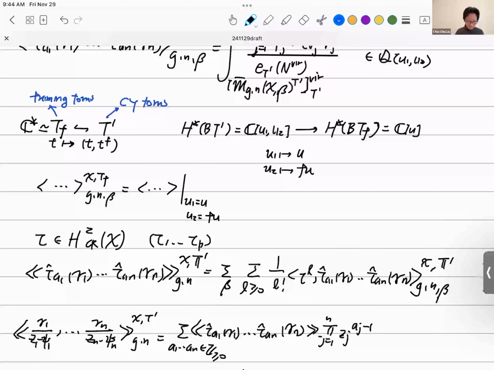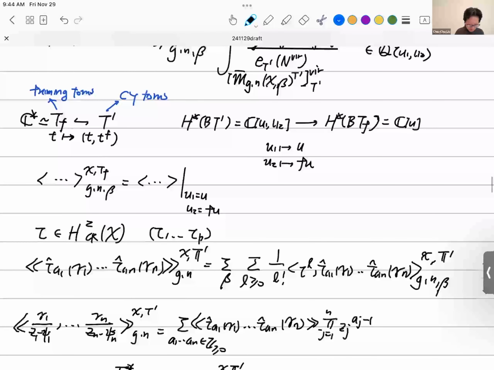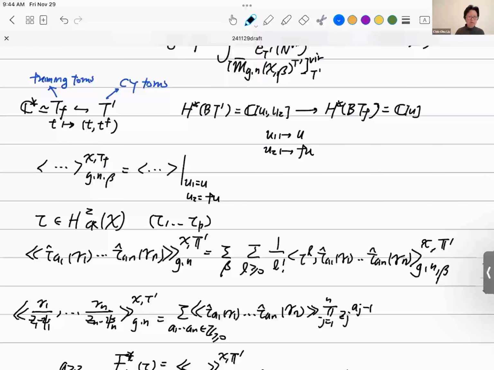So these are equivariant closed descendant Gromov-Witten invariants. And it will be convenient, as we see later, to use another way to package the descendant Gromov-Witten invariants: write it as the double correlator of gamma 1 over z1 minus psi 1. I should actually write hat.